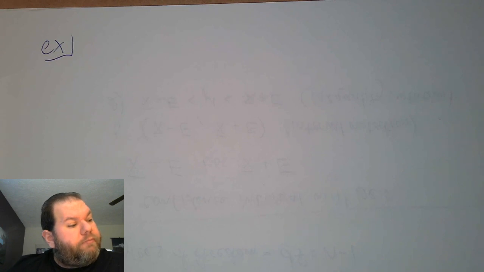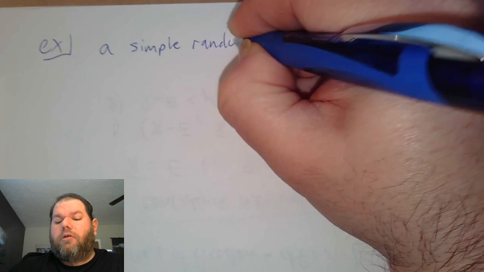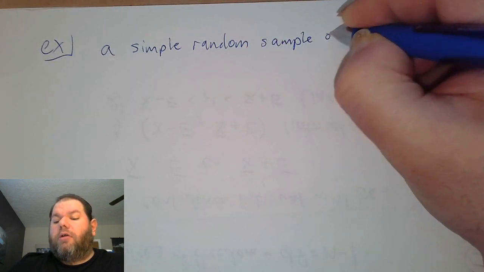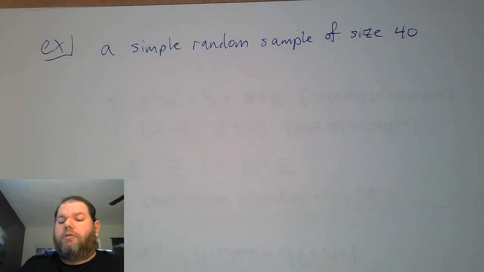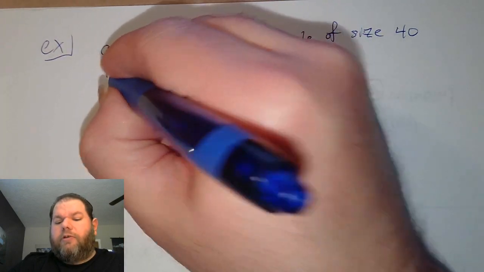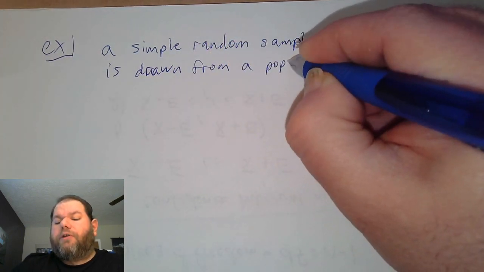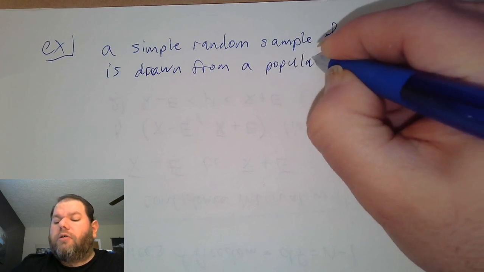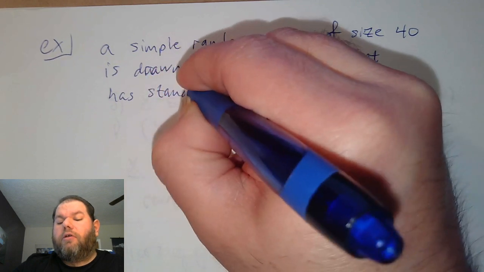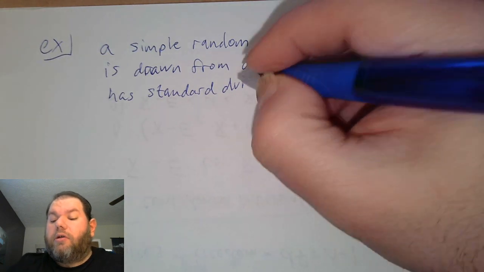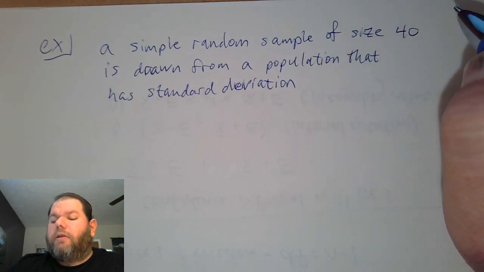Let's suppose that a simple random sample of size 40 is drawn from a population that has standard deviation, let's say our standard deviation is 10.